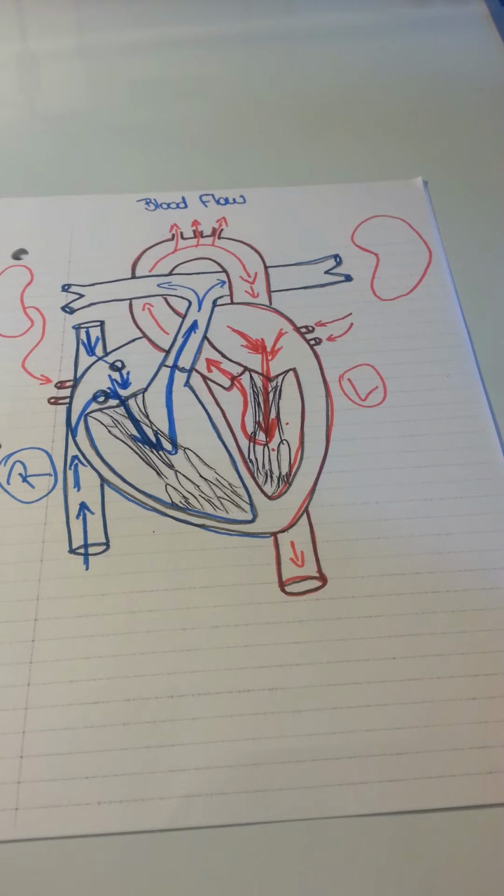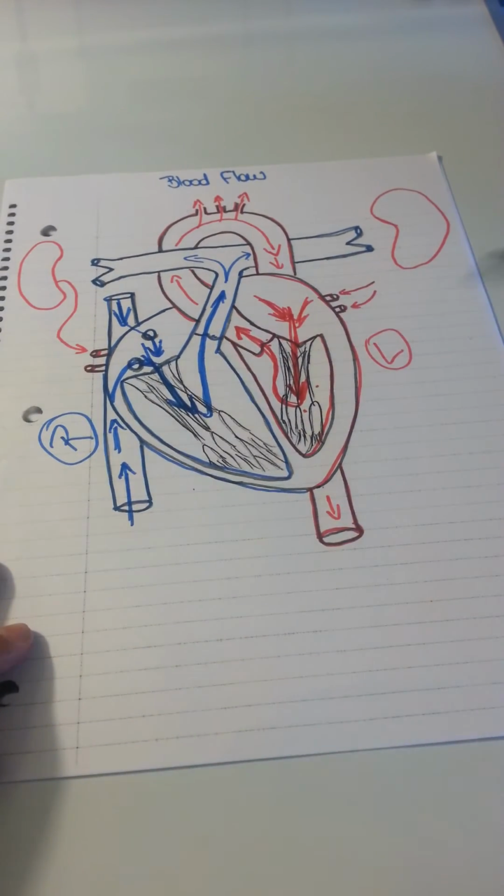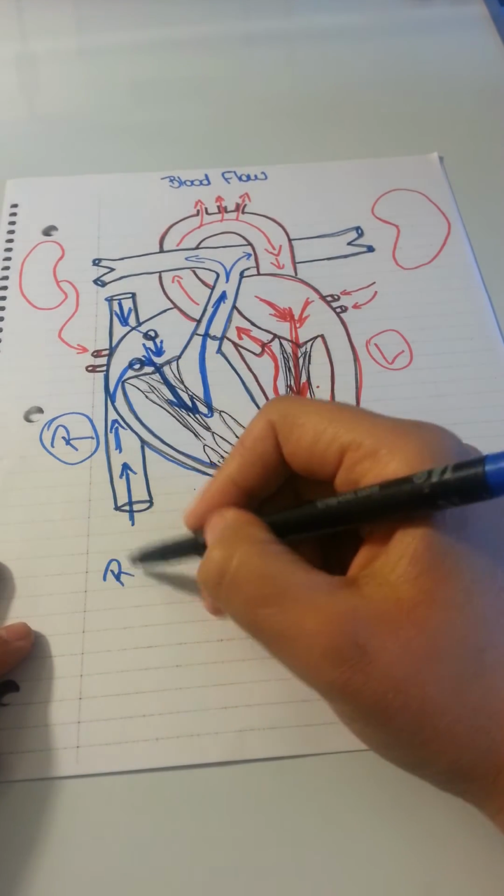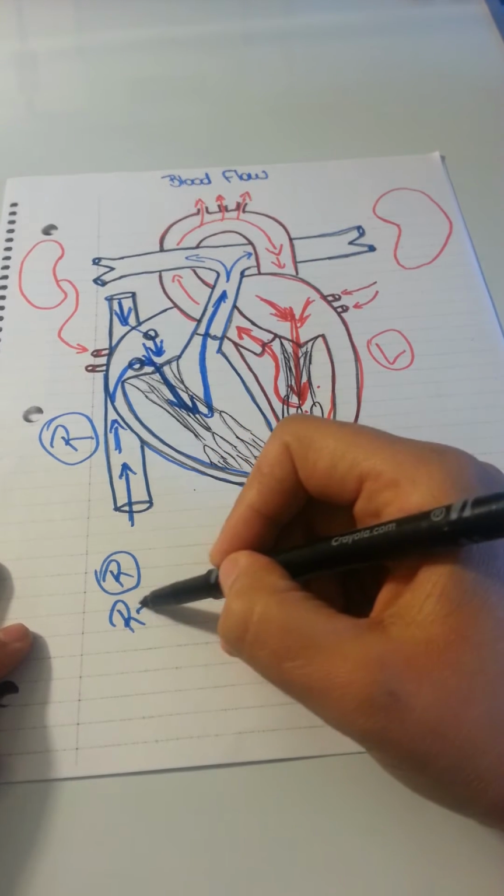So one way that's good to remember the path of the heart is we can use the letter R for receive.